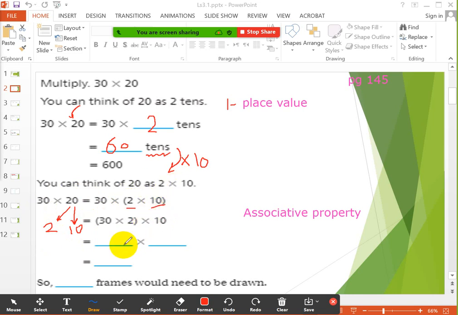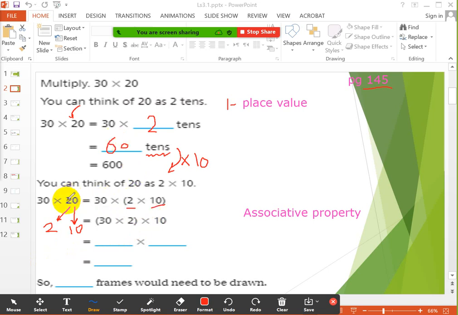To make the multiplication easier for me, okay? Write with me on this page, please, page 145. I will break down 20 into 2 multiply 10 to make the multiplication easier for me.